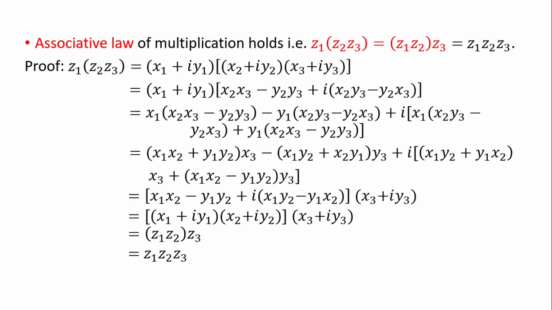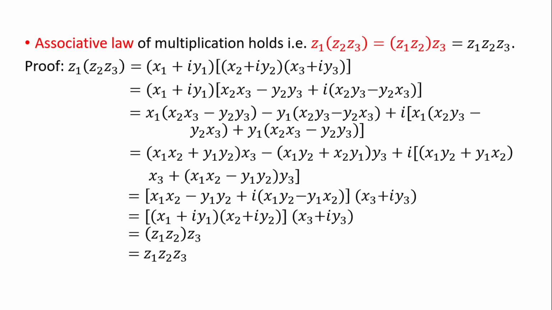So first of all we associate Z2 and Z3, so product of Z2, Z3, so Z1 into product of Z2, Z3. It is equal to, now change the association, let us consider Z1, Z2, so product of Z1, Z2 into Z3. So Z1 into product of Z2, Z3 is one and the same as product of Z1, Z2 into Z3, which is equal to Z1 into Z2 into Z3.